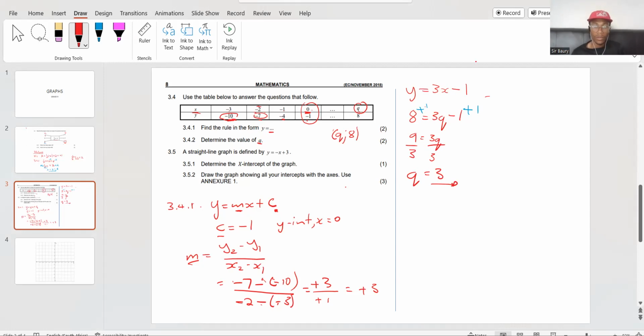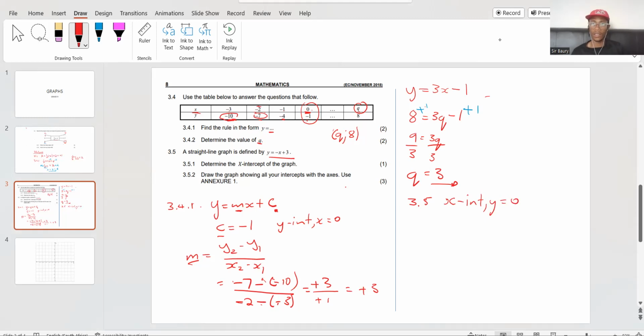Then I'm going to go to 3.5. You're given an equation. For you to find the x-intercept, you must always remember that y is equal to 0.